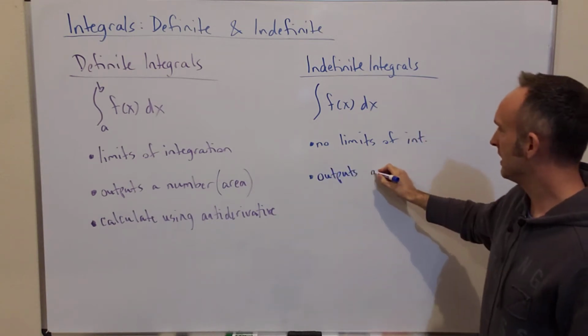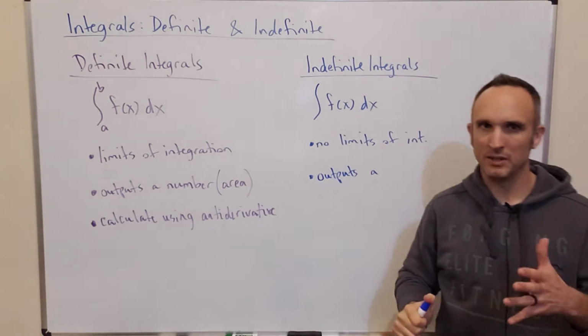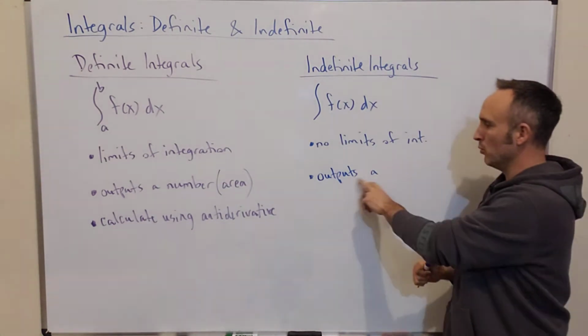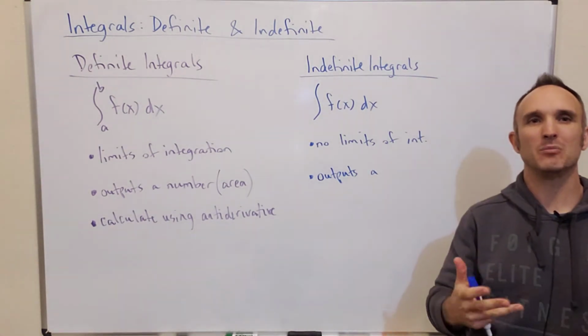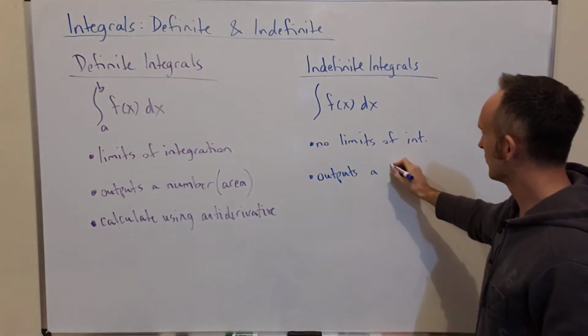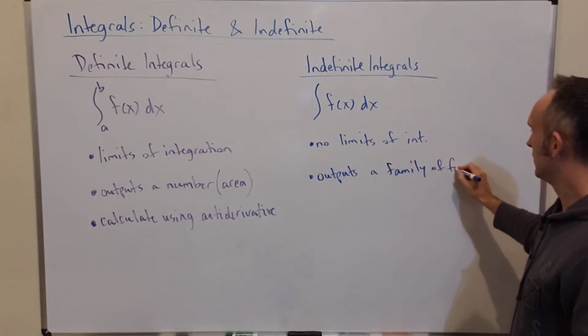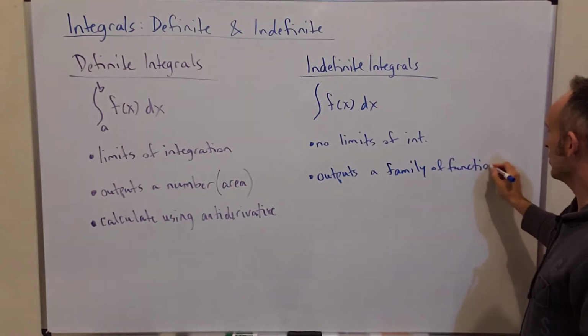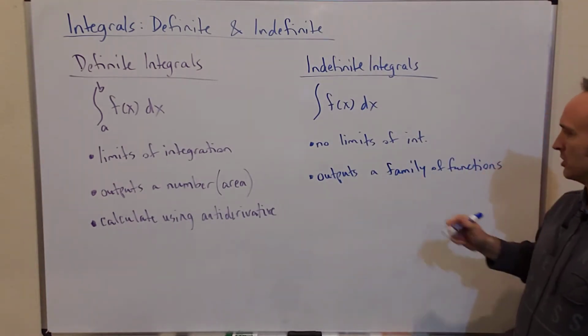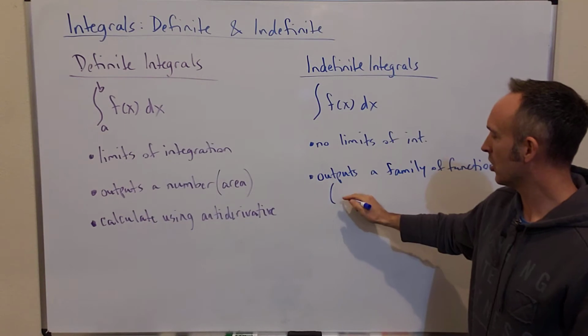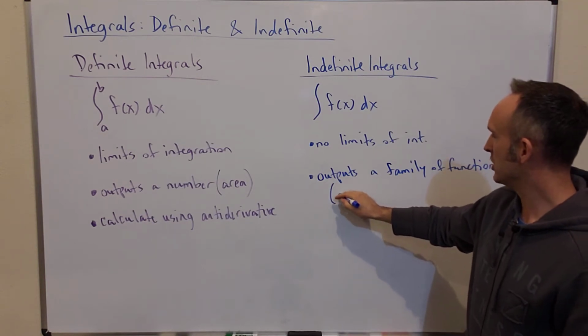Outputs, and I'm going to be a little bit more precise here. It doesn't output one function, it outputs an entire family of functions, which is interesting. What do I mean by that? The functions are general.